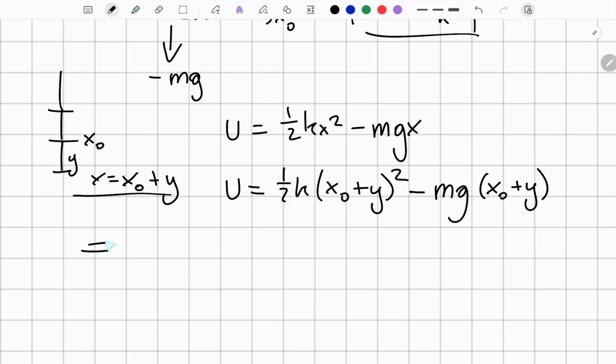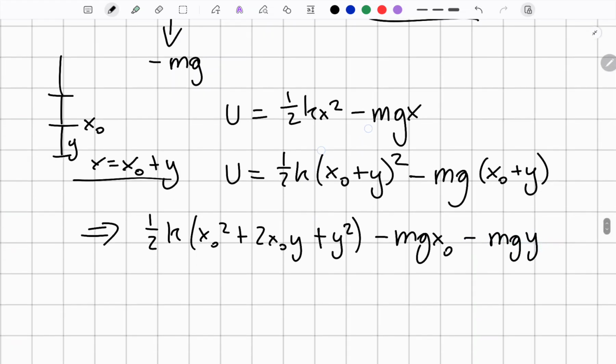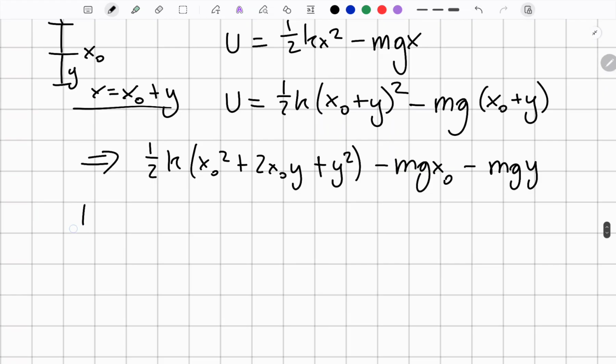This is going to work out to be 1/2 k times x naught squared plus 2 x naught y plus y squared, minus mg x naught minus mg y. Go ahead and distribute this out.